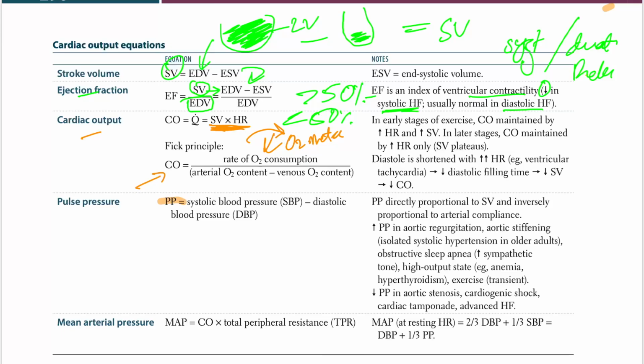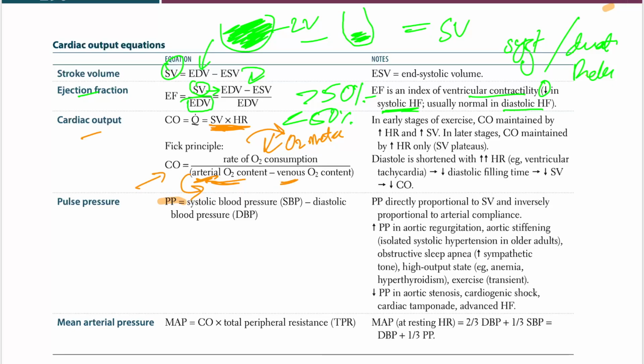What is arterial O2 content? Well, arterial O2 content is from the arterial blood. Normally you can take it from a peripheral artery to check arterial O2 content. The name says it right there, arterial O2 content means artery. Straight up take the blood from an artery, not the vein.